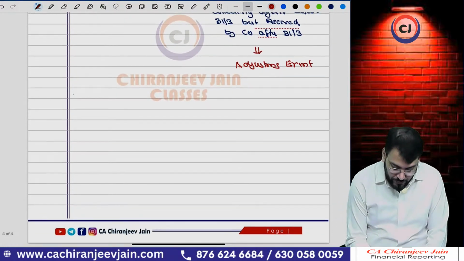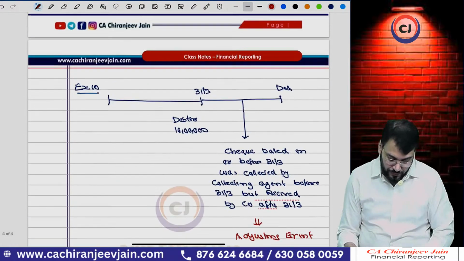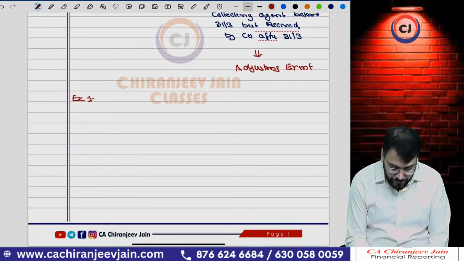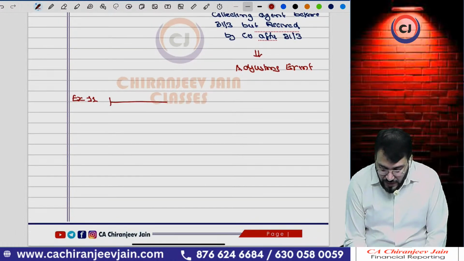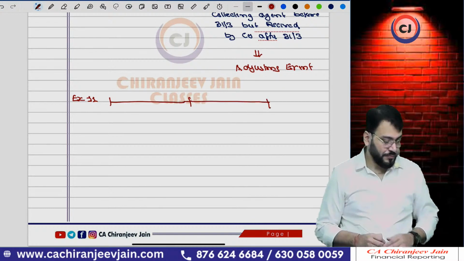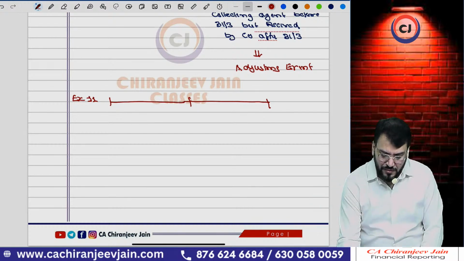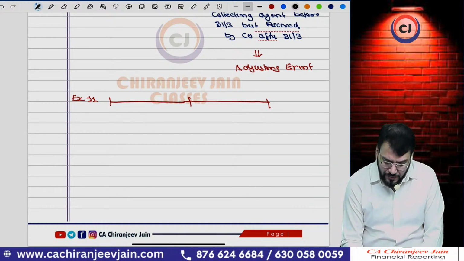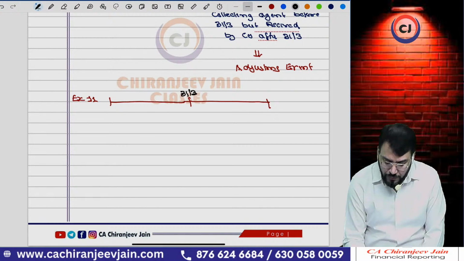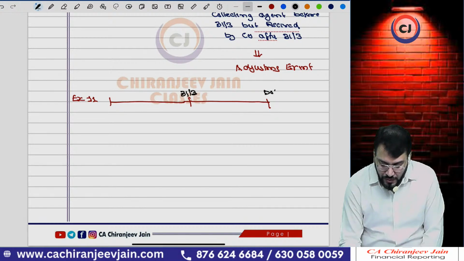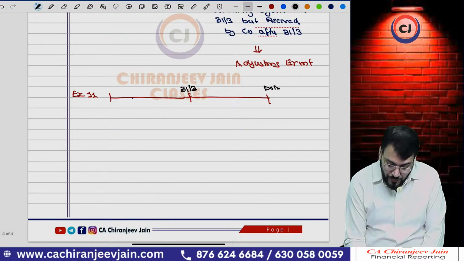One more question. Example number 11. If you say the correct answer here, my job is done, and this chapter is completed from the adjusting and non-adjusting point of view. 31st March, date of approval.